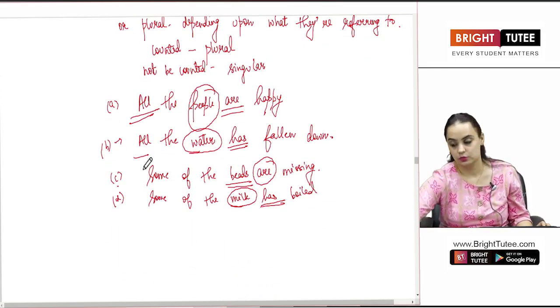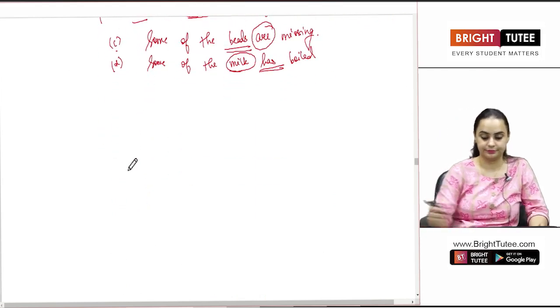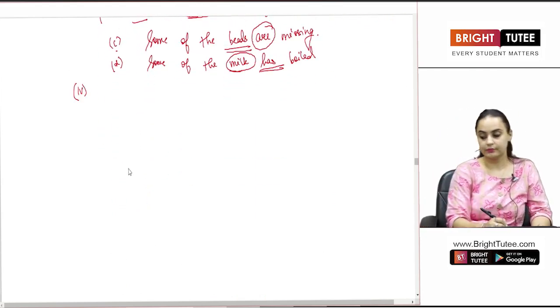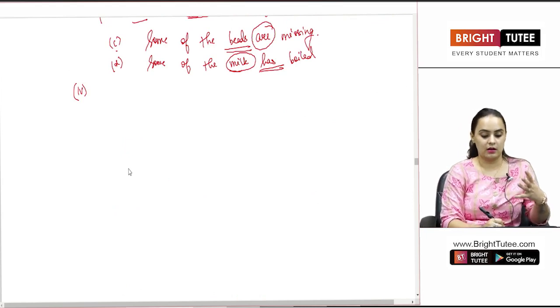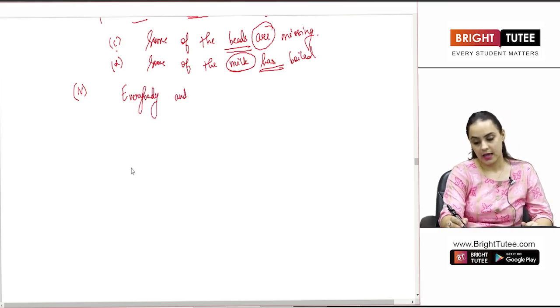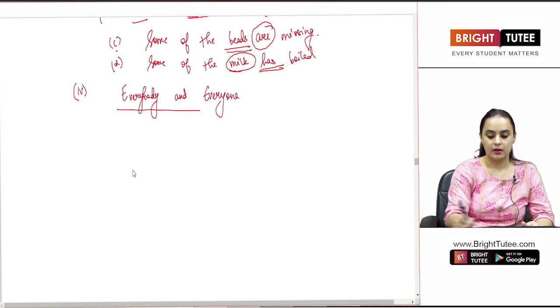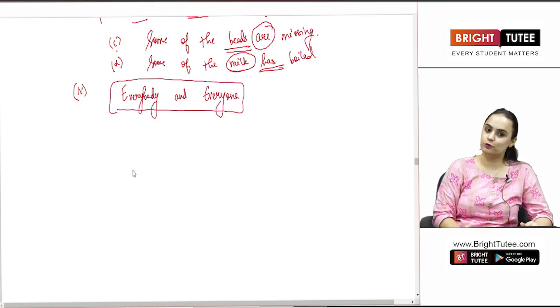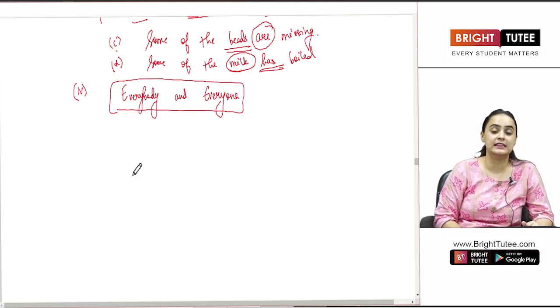Next rule that we have, some indefinite pronouns like everybody and everyone. Now, when you speak these words, you feel that they are plural.